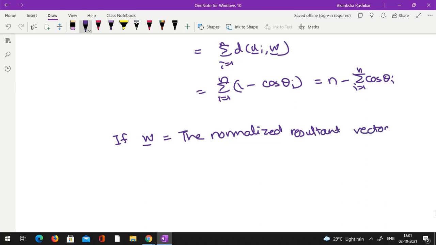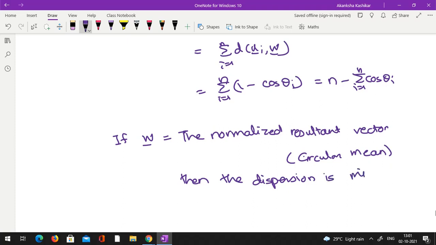This property is exactly equivalent to what we have in the linear case: the standard deviation is minimum when it is taken around the sample mean.